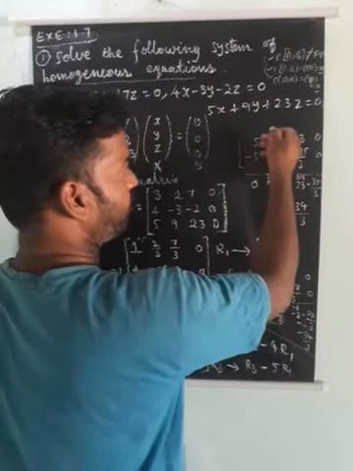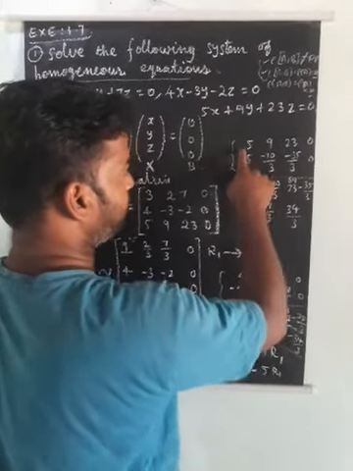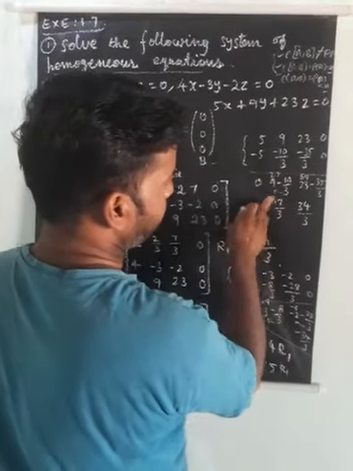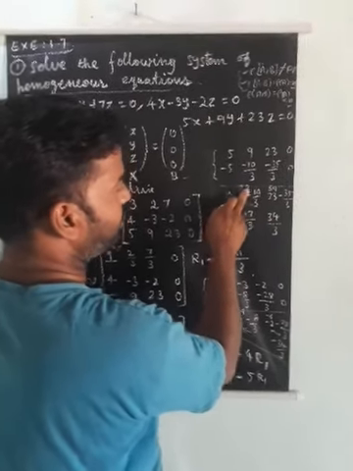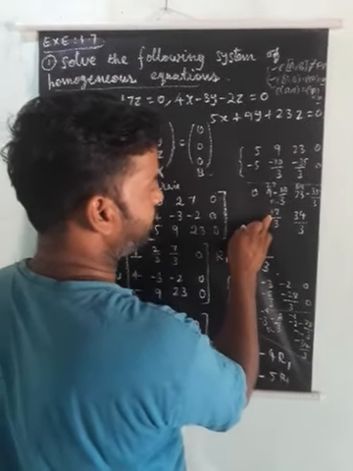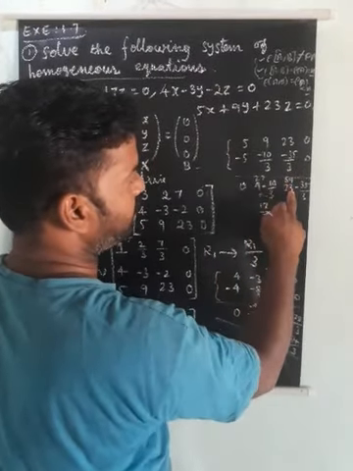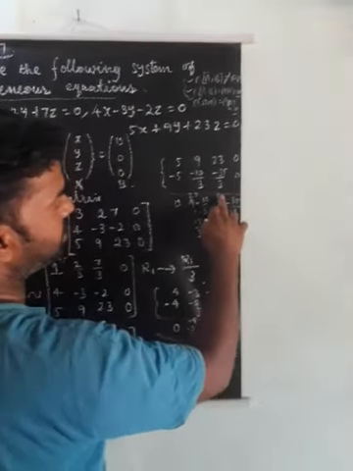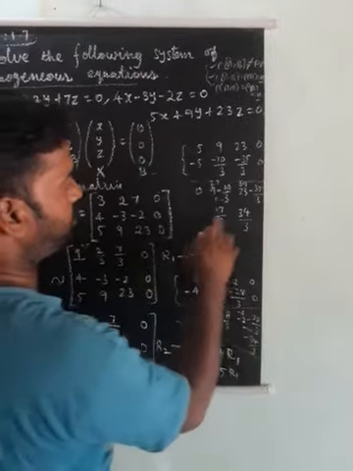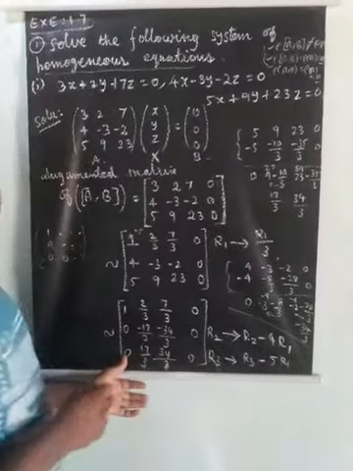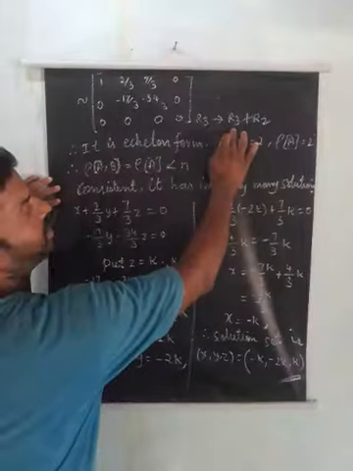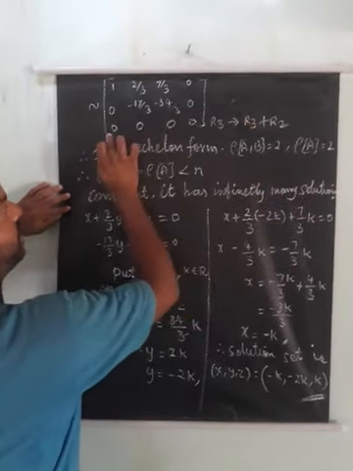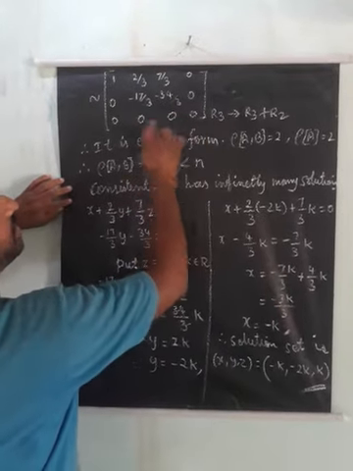Subtracting: 5 minus 5 is 0. Then 9 minus 10/3: 9 times 3 is 27, 27 minus 10 is 17/3. Then 23 minus 35/3: 69 minus 35 is 34/3, and 0. We write this against R3. Then R3 plus R2, using the previous matrix, makes this row fully 0.